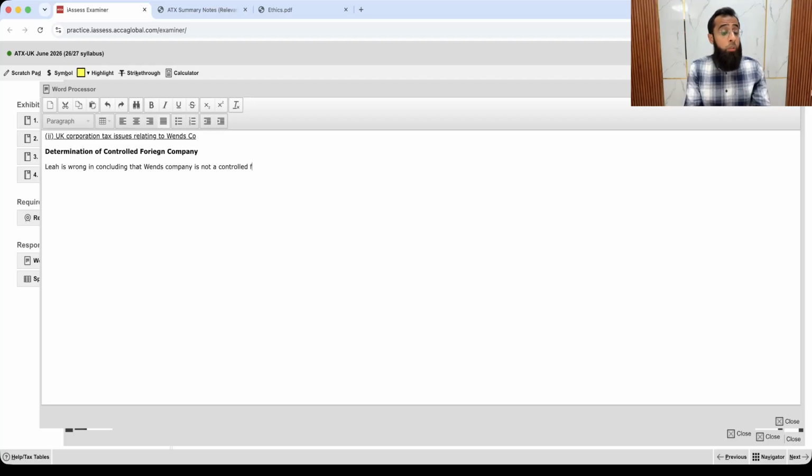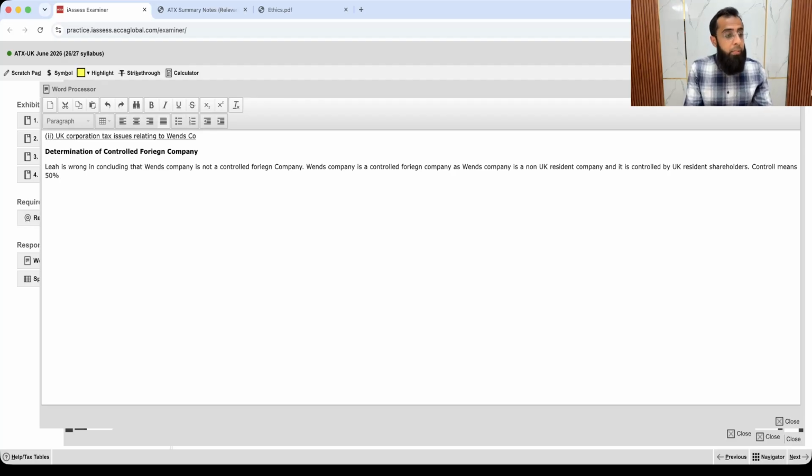He is wrong. Vents company is a controlled foreign company, as Vents company is a non-UK resident company and it is controlled by UK resident shareholders. Control means 50% plus shareholding.